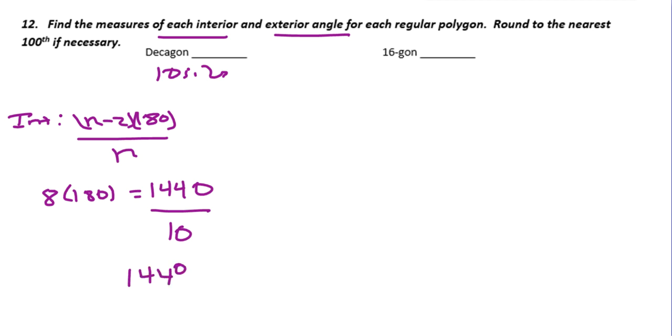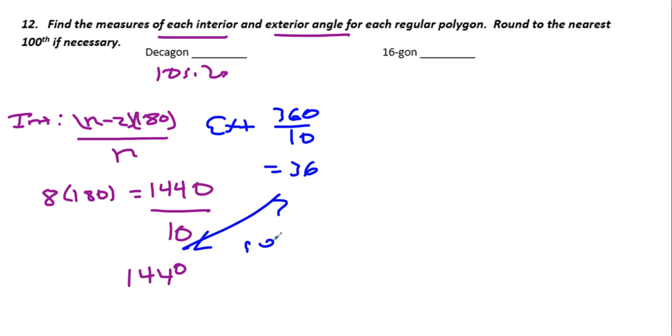The exterior angle is pretty straightforward. Exterior is nothing more than 360 divided by the number of sides, which is equal to 36, which makes sense because this is going to be the supplement. Okay? So exterior is real easy to find. I'll go ahead and do that.